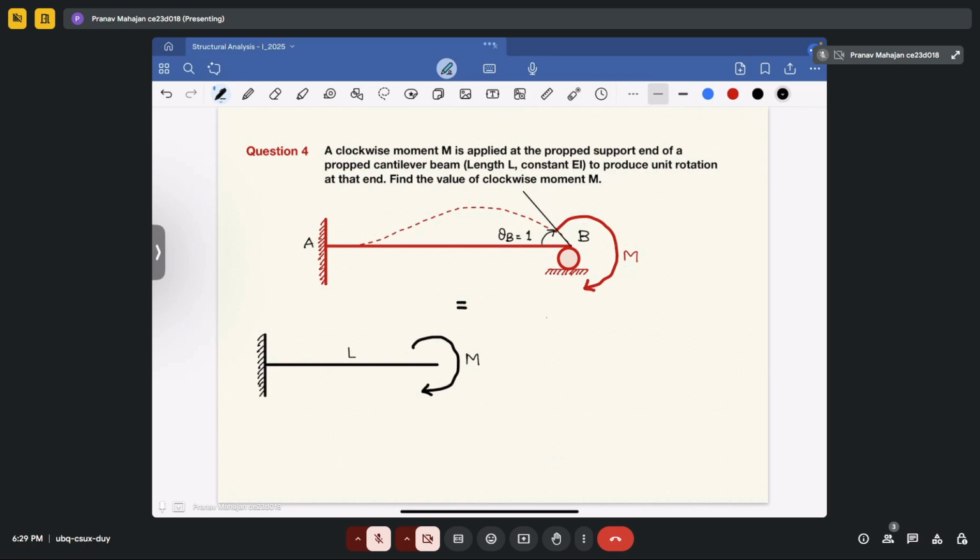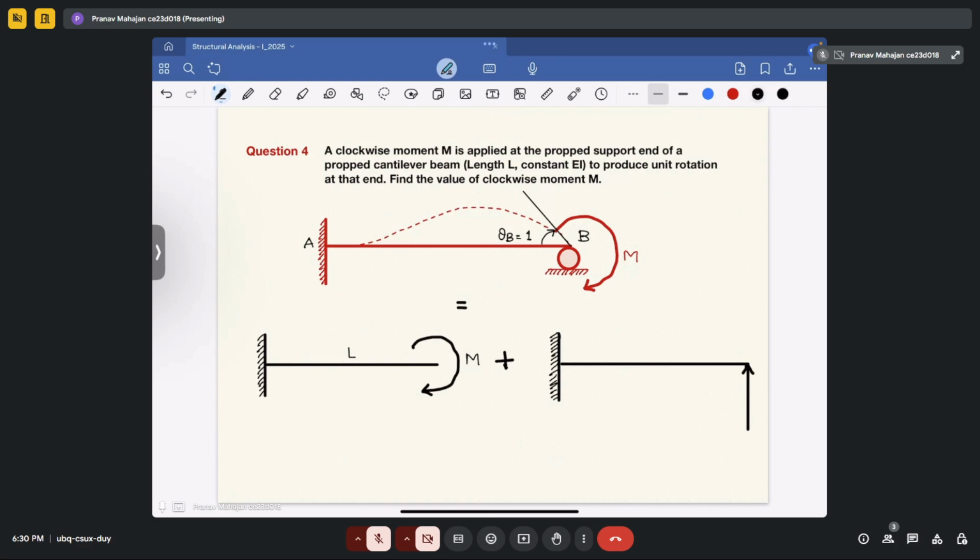Okay, plus what can we make? We can make another cantilever beam which has a concentrated load at the free end, like this. So I am dividing the original problem into two parts.